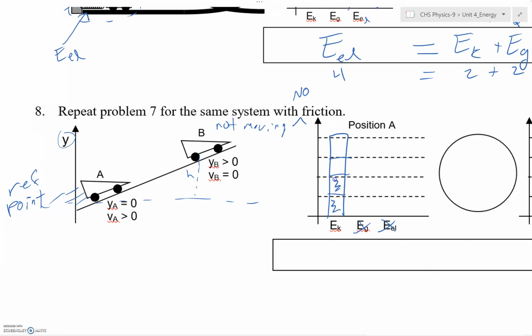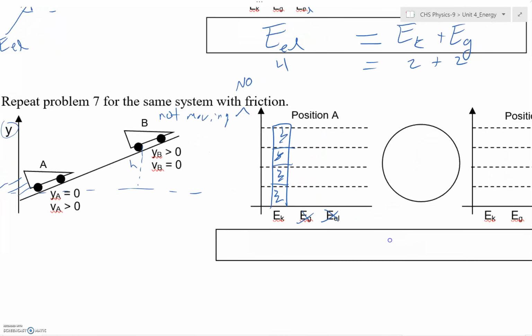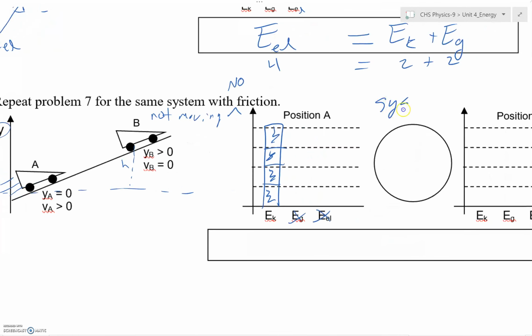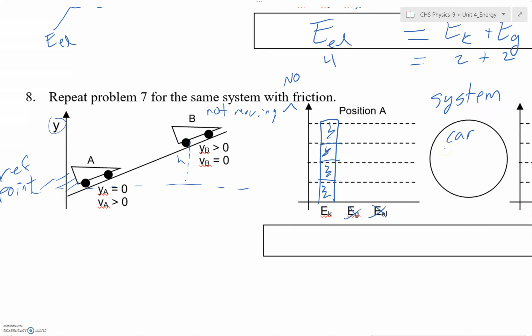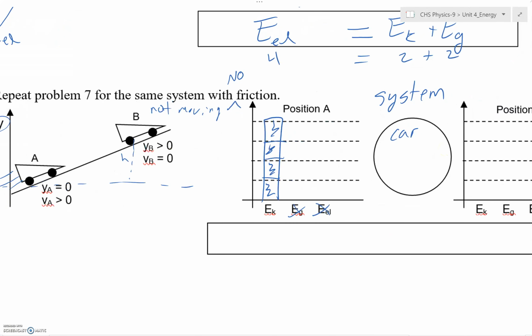So I'm going to start with 4 bars because I like 4. You could do 3, doesn't matter. Oh, I forgot to tell what was in the system. You should always start by saying what's in the system. So the system is going to have the car. We could say the ground and the earth and other things like that, but really the car is the most important thing in the system.